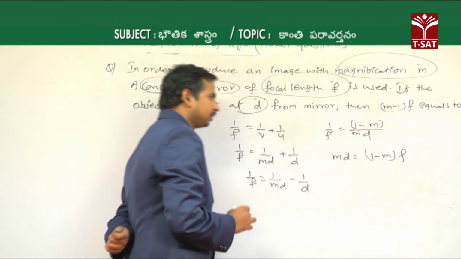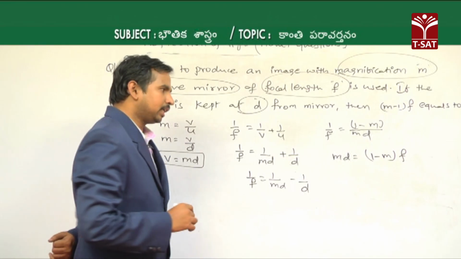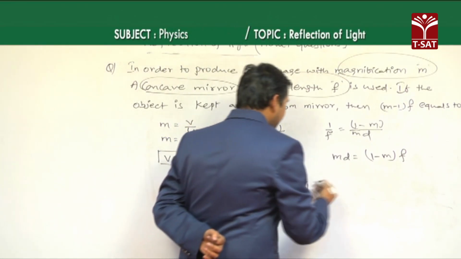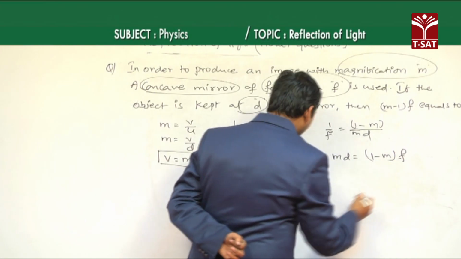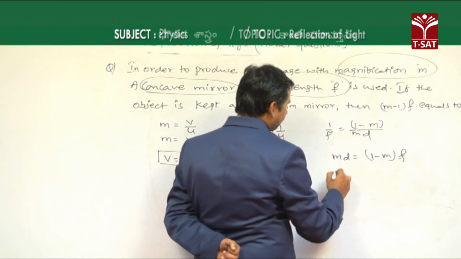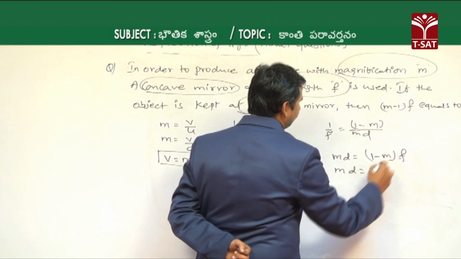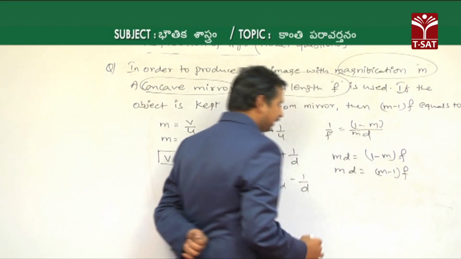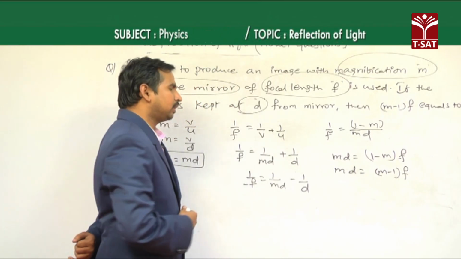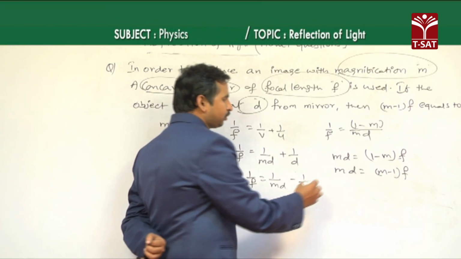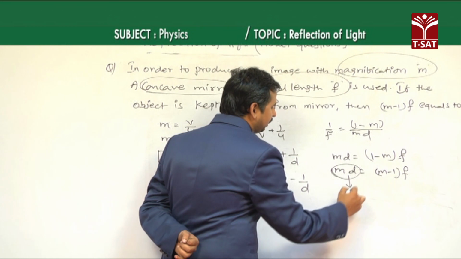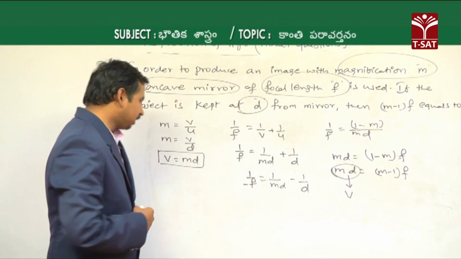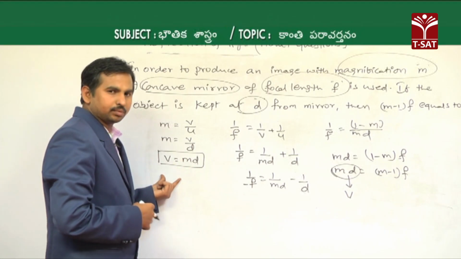Then if you apply the sign convention for the focal length, as it is negative for a concave mirror, minus of minus, then m d becomes m minus 1 of f. So m minus 1 into f is equal to the distance m into d, which is nothing but our image distance.